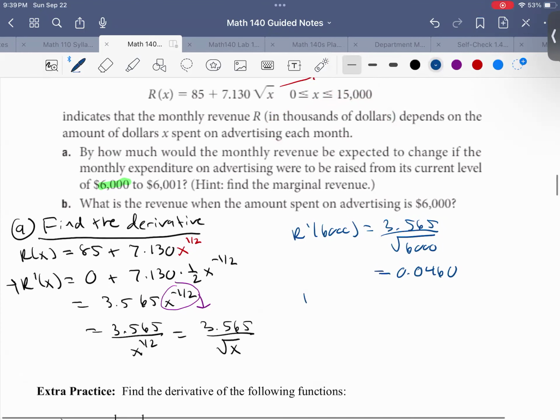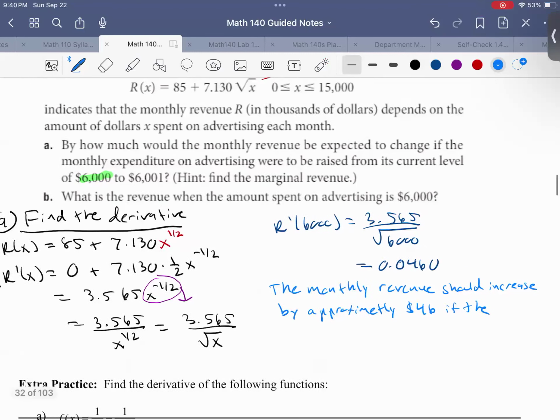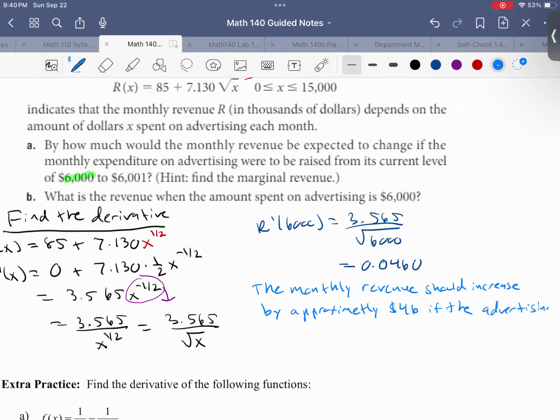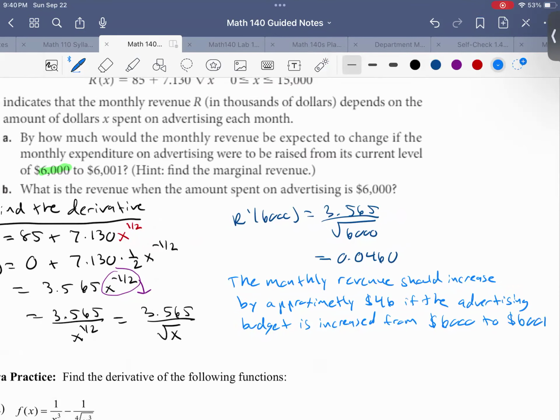So what this means is the monthly revenue should increase by approximately $46 if the advertising budget is increased from $6,000 to $6,001.